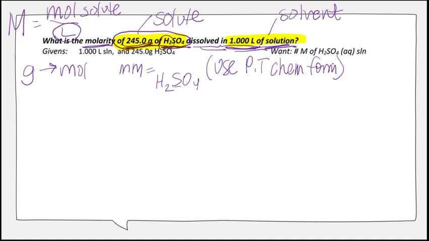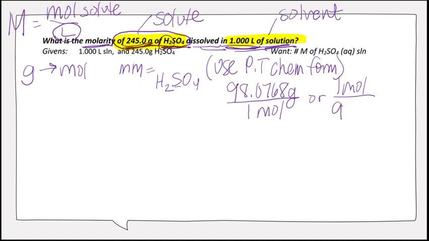And if I look that up and add up 2 H's, 1 S, and 4 O's, I should get 98.0768 grams for every 1 mole of H2SO4. And remember, I can also say that 1 mole of H2SO4 has 98.0768 grams of H2SO4. Why don't you pause and go and double check to see if you get the same answer?